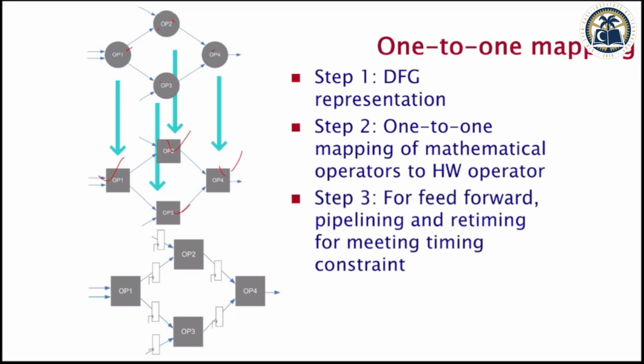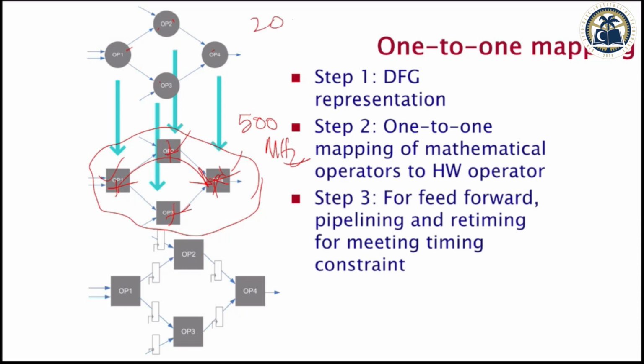But if you think now you are not meeting timing because the cloud is much bigger. So let's say it is addition, addition, addition, multiplication, and this path is taking too much time, and you cannot run your circuit at 500 megahertz. Rather, you are only running it at, let's say, 200 megahertz.